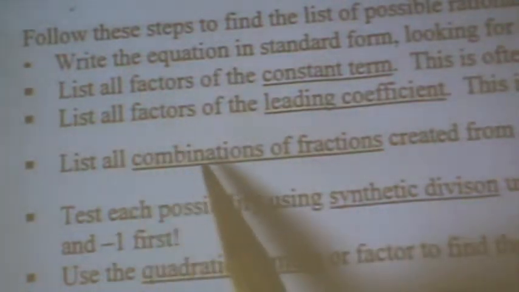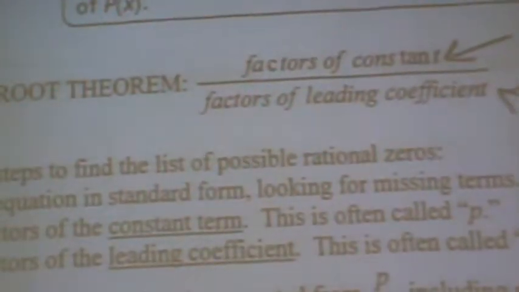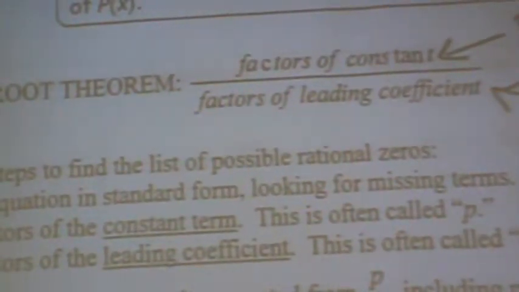Now, we're going to list all the combinations of fractions by doing P over Q. What is P? P are all of the factors of the constant. So you're going to take factors of the constant over factors of the leading coefficient. That's your Q value. You're going to come up with a list of possible factors.